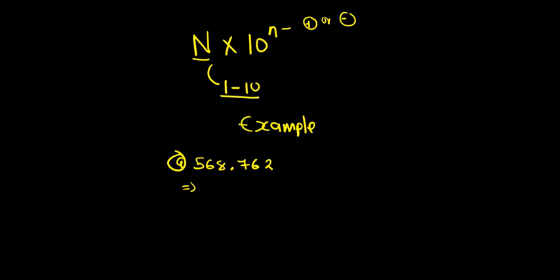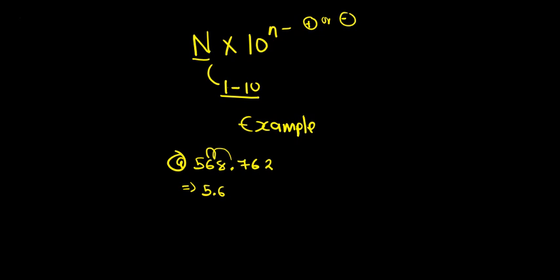We said this N is a number between 1 and 10, so you always try to list one number ahead there, which is in the range of 1 to 10. So you bring this point in, 1, 2, you have moved it twice, to your left.